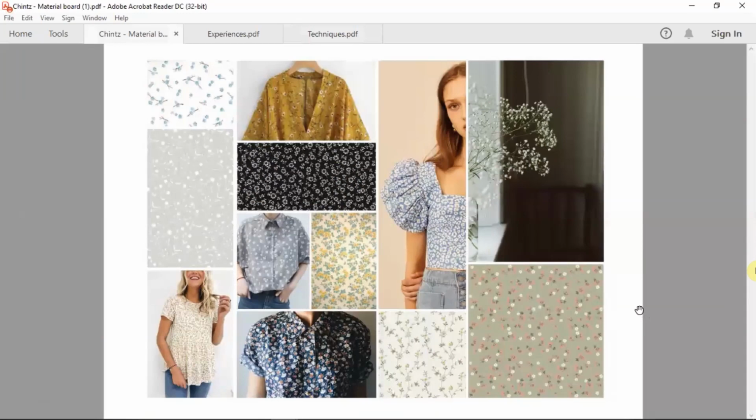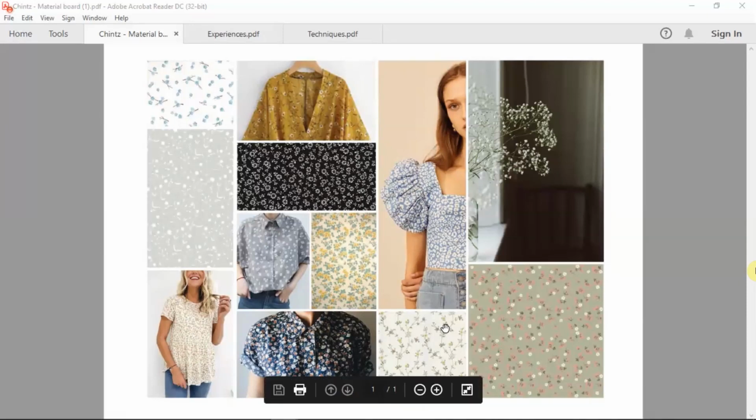Can you see this picture, this flowery picture? This is a mood board created for a small collection of garments created with cheetah fabric.